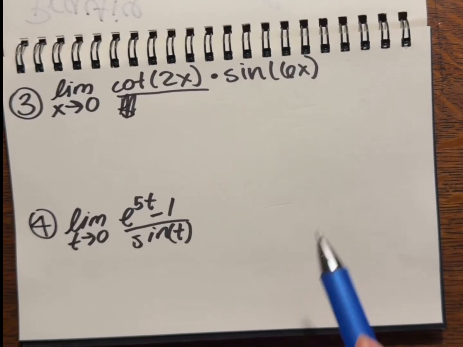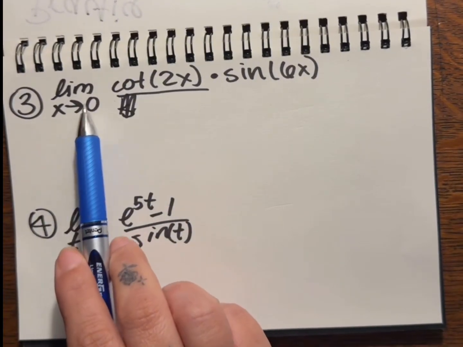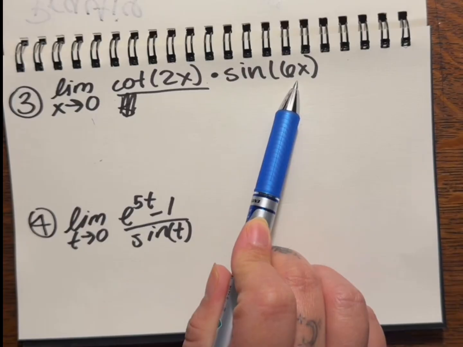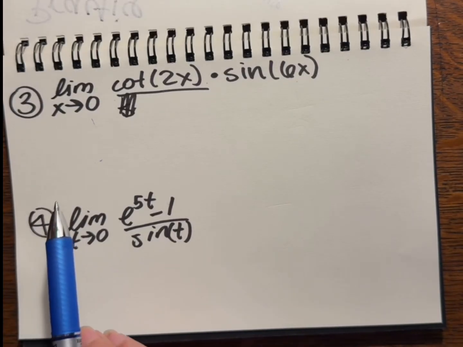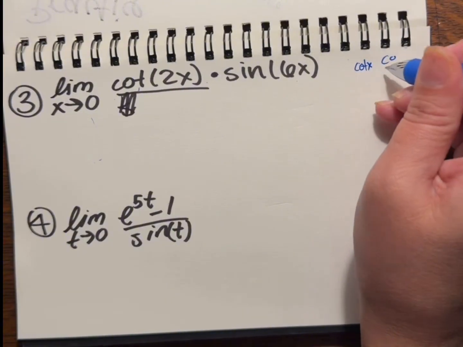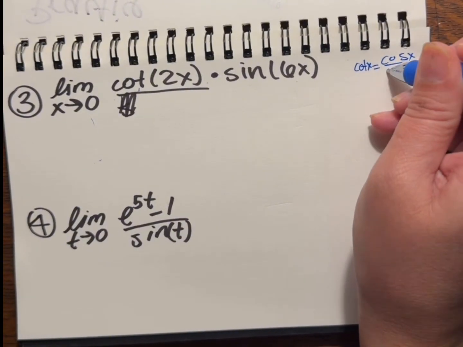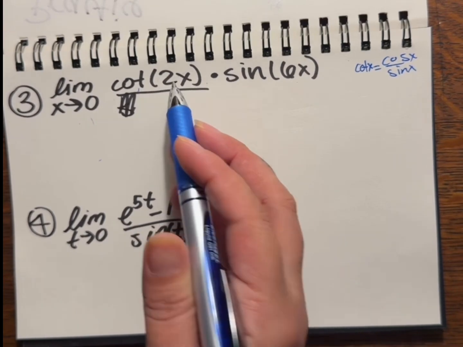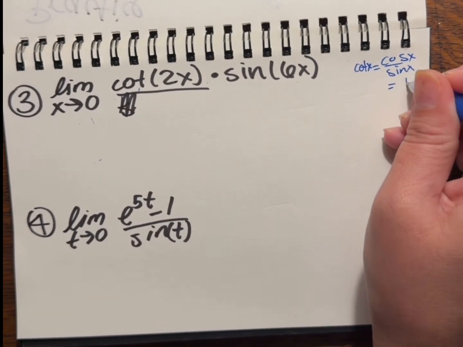Okay, so now we're going to do the next one. The limit as x approaches 0 of cotangent 2x times sine 6x. And we know cotangent is cosine over sine. And as x approaches 0 here, this is going to be 0. And we know cosine 0 is 1 over 0.